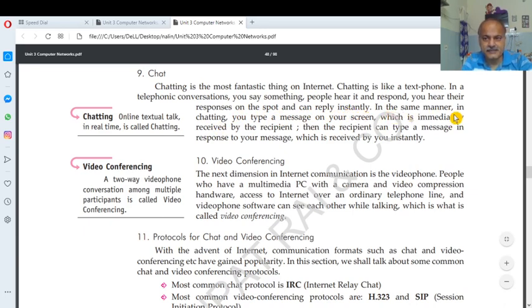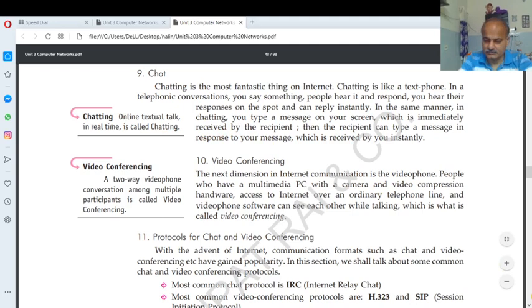In the same manner, in chatting, you type a message on your screen, which is immediately received by the recipient. Then the recipient can type a message in response to your message, which is received by you instantly. So chatting, online textual talk in real time, is called chatting.